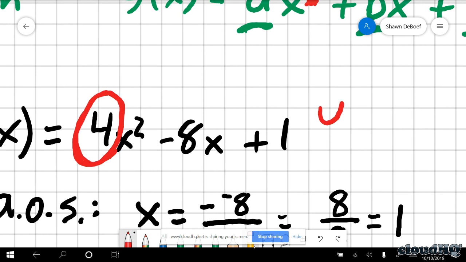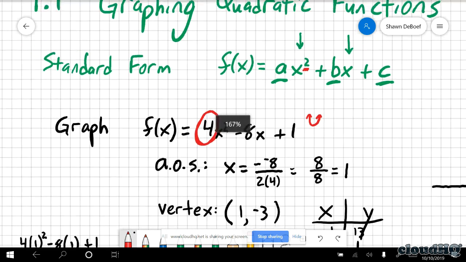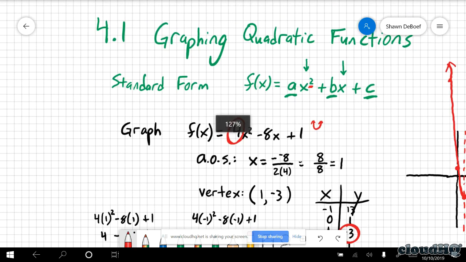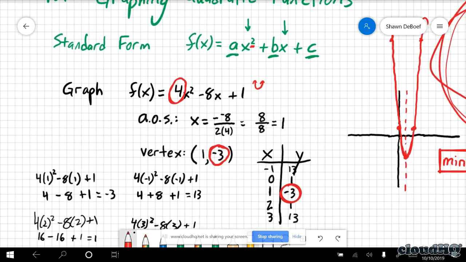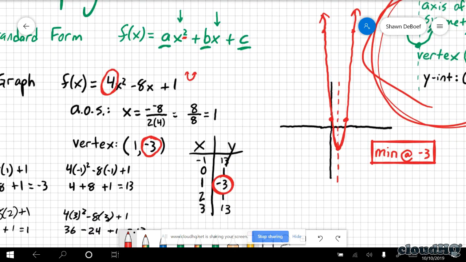I didn't know any specifics at that point, but I knew it was going to be a parabola opening up. Therefore, the vertex was at the bottom, not the top. So right away, we should be able to determine whether it's going to be a maximum or a minimum value. And then once you find your vertex, the y portion of your vertex is the max or min value. So this one we knew had a minimum at -3.